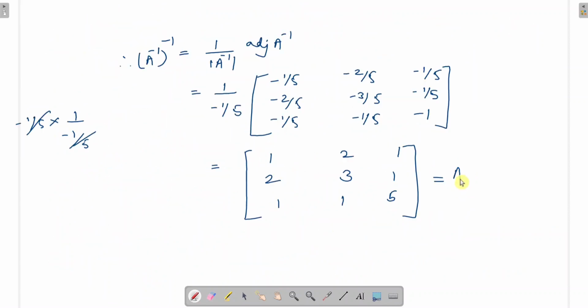So this is A. So A inverse of inverse is equal to A. So hence proved.